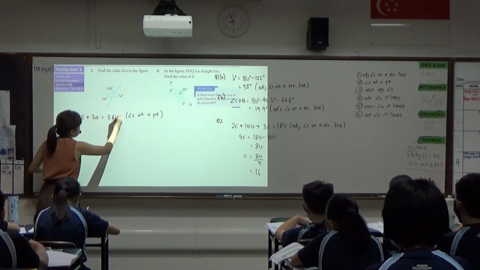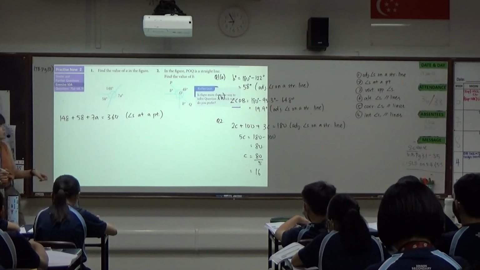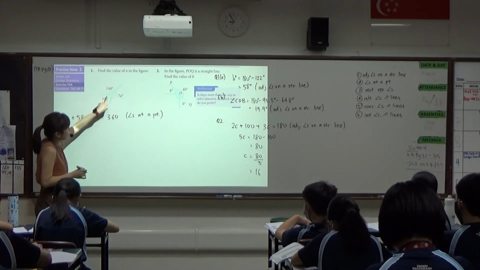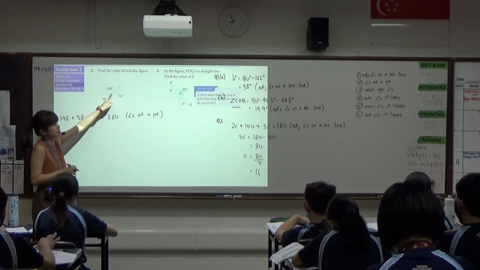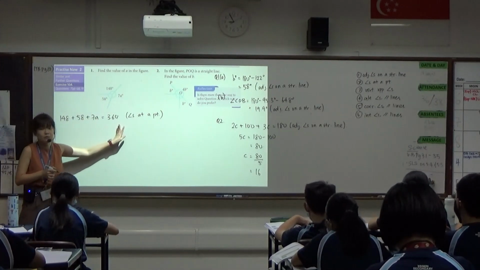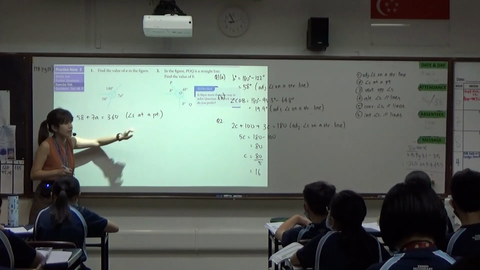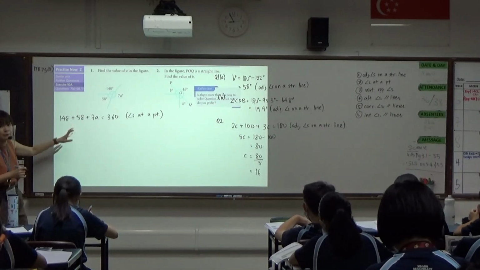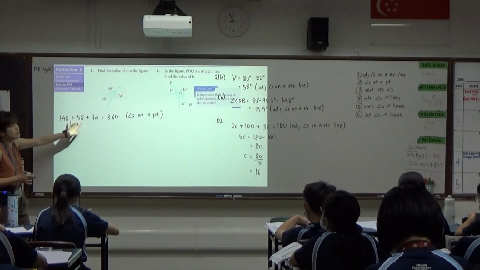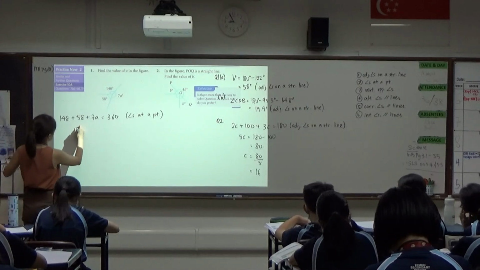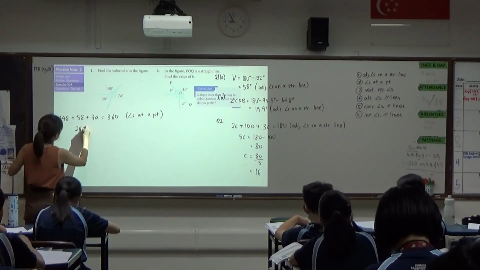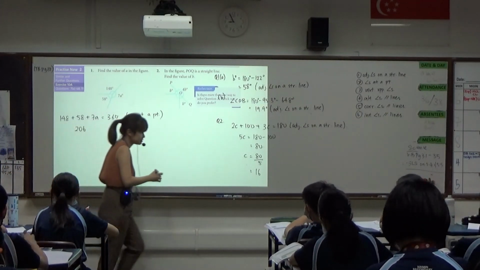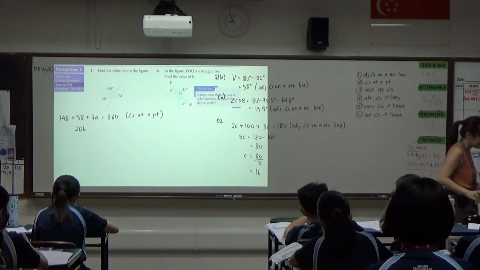Very good. So for the angles at a point property, we know that at a point, the angles around it will have to add up to 360 degrees. So this is the statement that we will write, with the reason angles at a point. Then we proceed with our calculation. So 148 plus 58, is it 206? Suddenly I can't remember my maths.